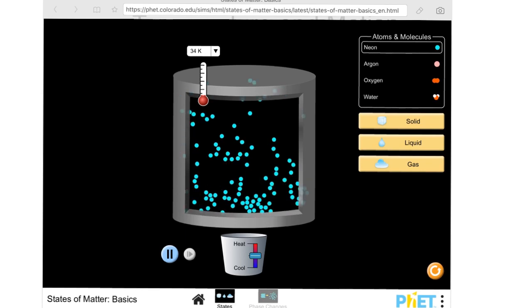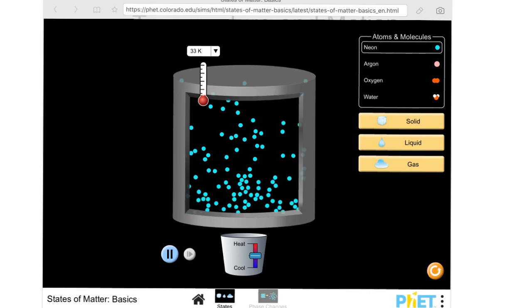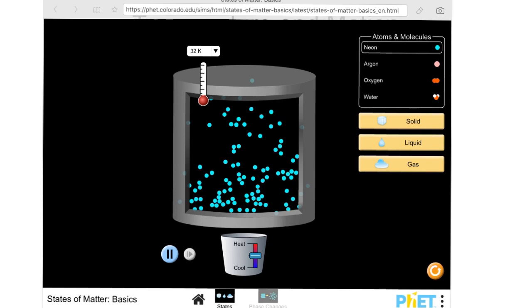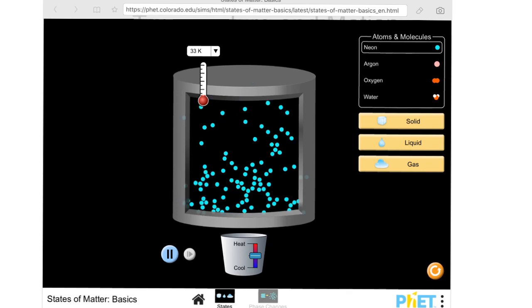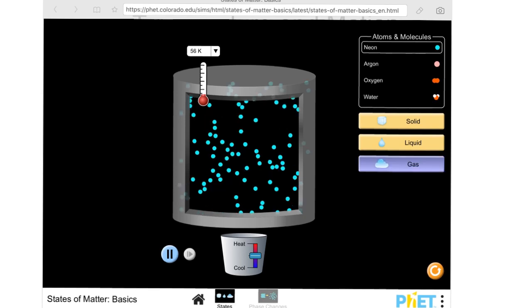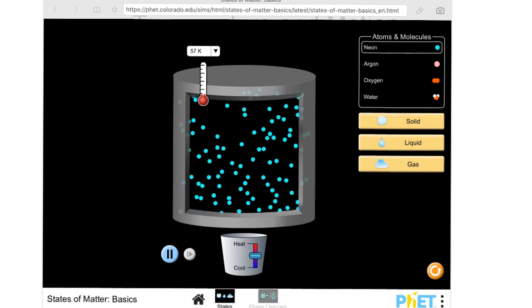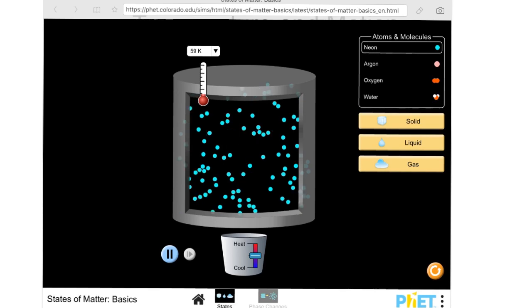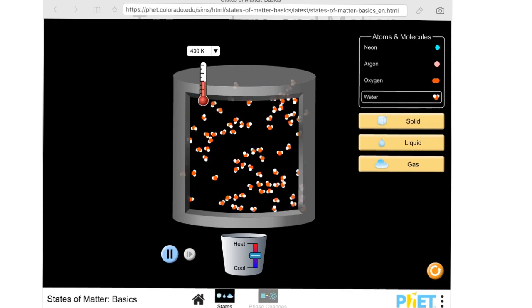So this is going to be a big idea throughout the year. As you add heat, you are speeding up those little individual molecules. Once they are at a higher temperature, they will have more kinetic energy. And we can see this with different things, like water in the solid phase.